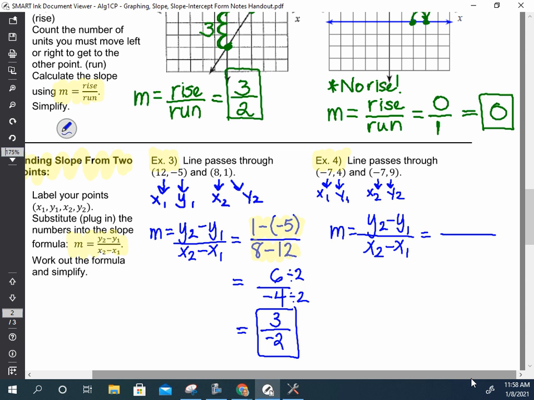So, what do I put at the top of the fraction? Nine minus 4, excellent. And what goes at the bottom of the fraction?